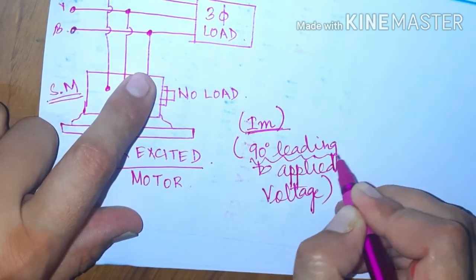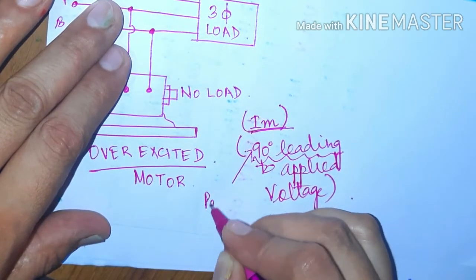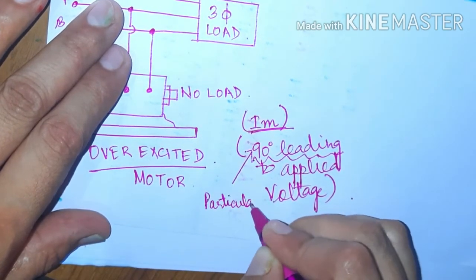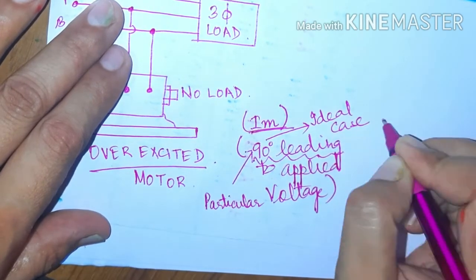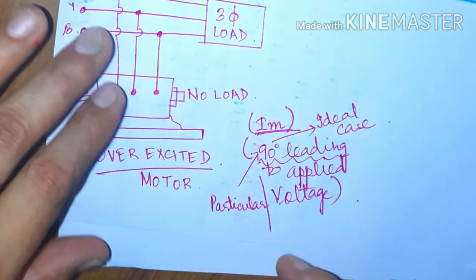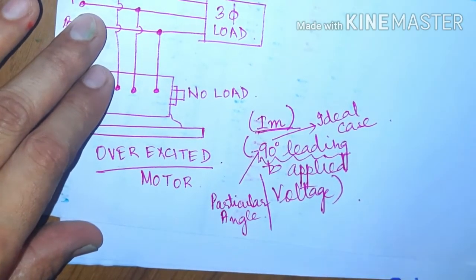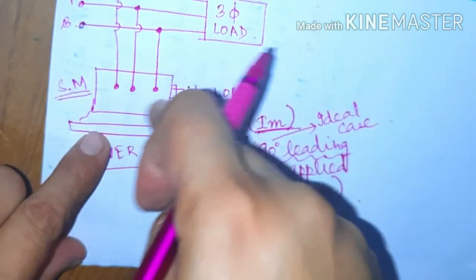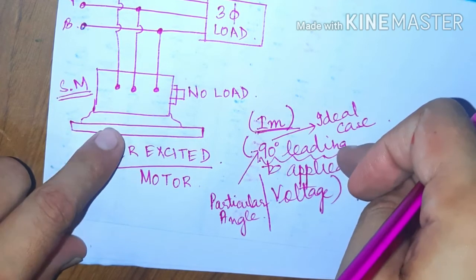Sometimes it is 90 degrees leading, or sometimes leading by a particular angle. 90 degrees is basically an ideal case, but in an actual case, the current drawn by the synchronous motor leads the applied voltage by a particular angle.